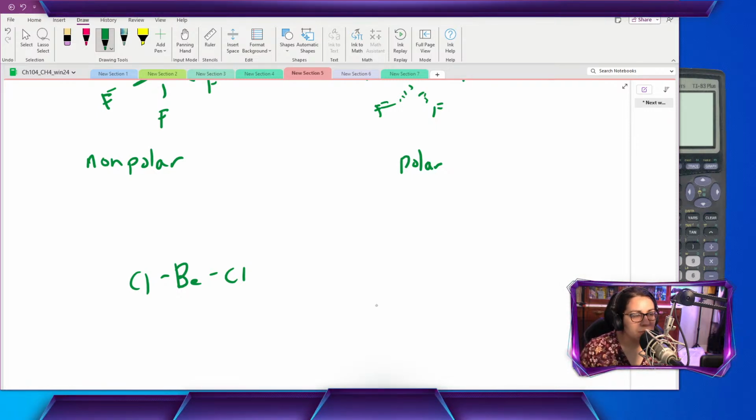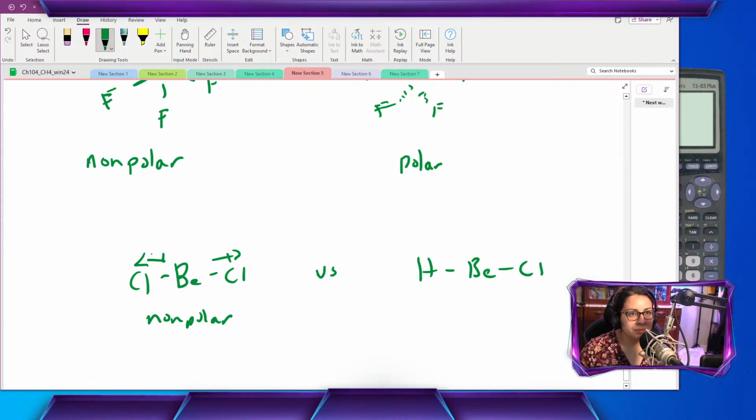Again, fully symmetric. Our chlorines would be pulling out on either side, so it cancels out to nonpolar. Versus if we break that symmetry, then this would be polar.